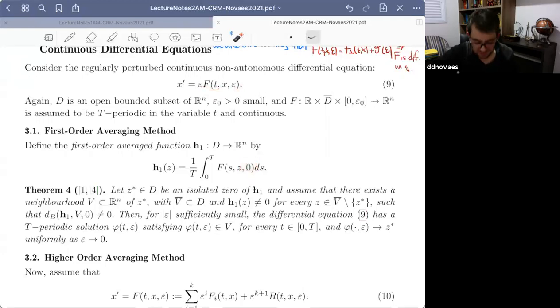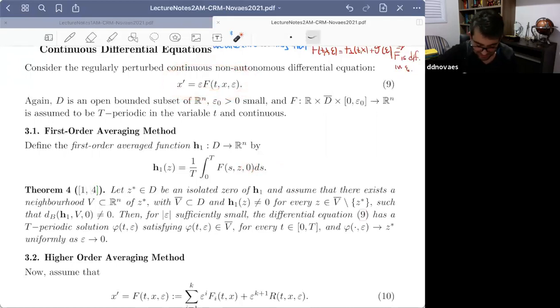This is the first order difference equation. And the question is: does this function still provide information about bifurcation or persistence of periodic solutions for the difference equation for epsilon sufficiently small?